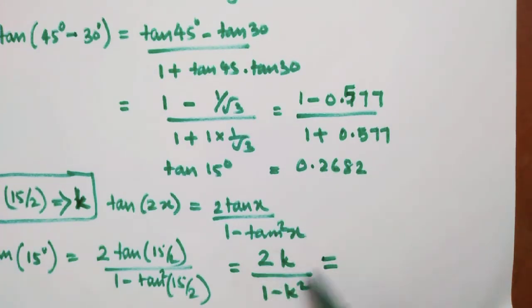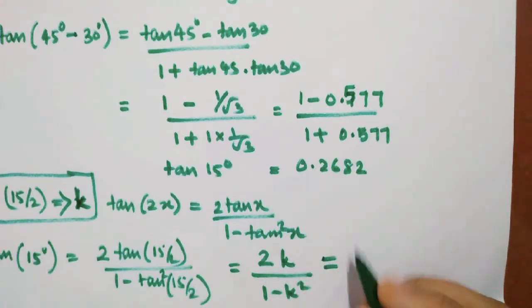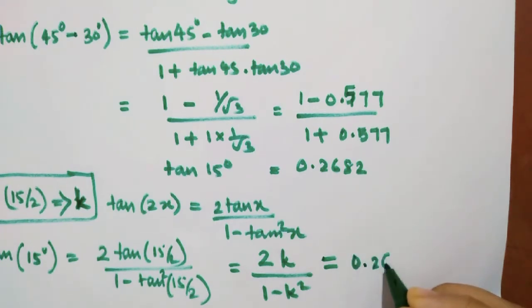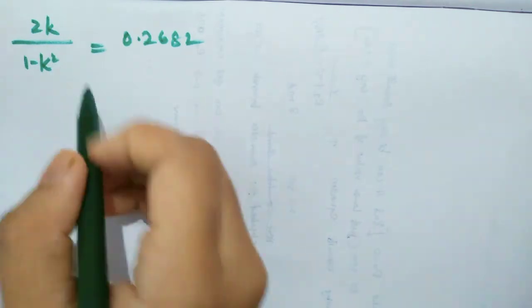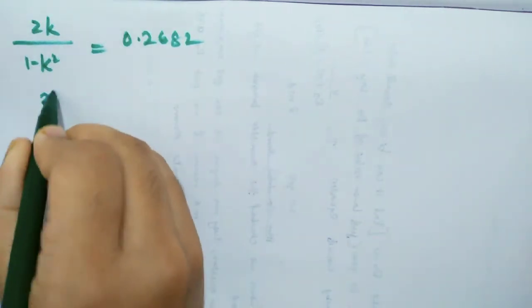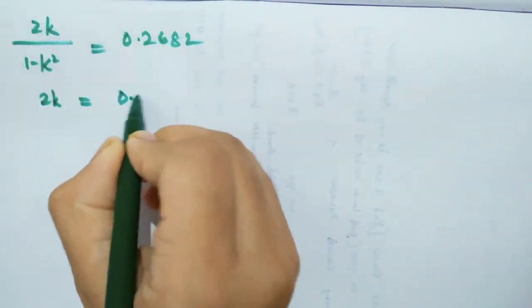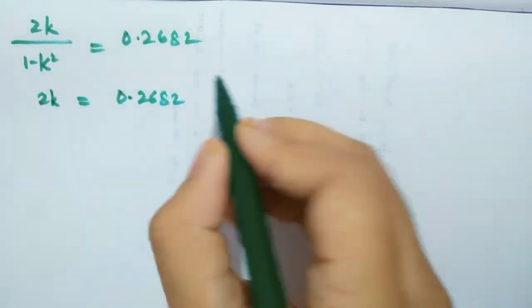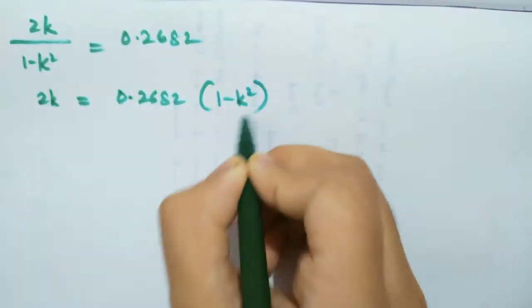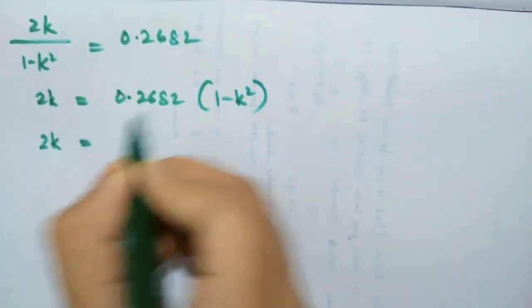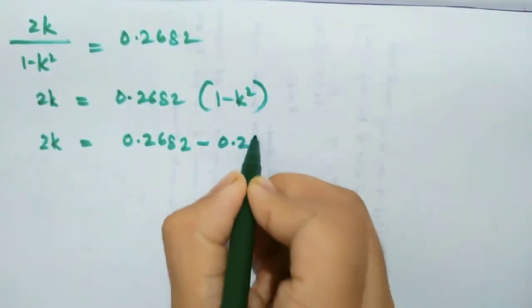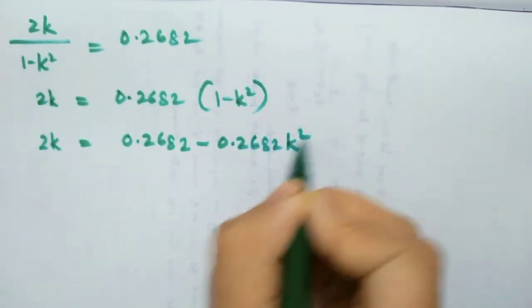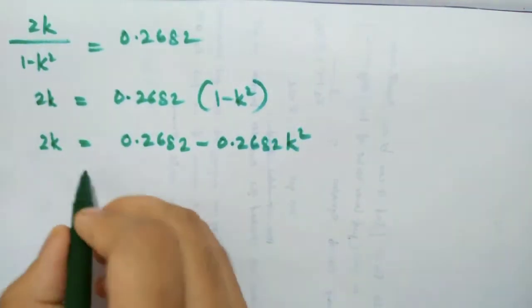So I can substitute 2k by 1 minus k square is equal to 0.2682. Now I can cross multiply this term, then I will get 2k is equal to 0.2682 into 1 minus k square. That is 2k is equal to 0.2682 minus 0.2682 k square.